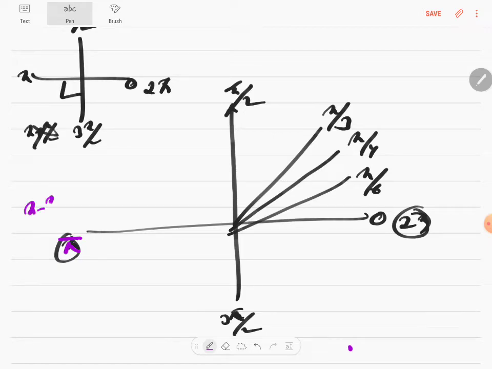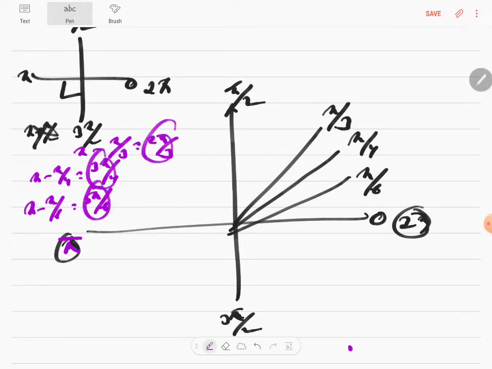Here it's pi minus pi by 6, which is 5 pi by 6. 180 minus 45, pi minus pi by 4, which is 3 pi by 4. 180 minus 60 degrees is pi minus pi by 3, which is 2 pi by 3. Like that you can arrive at examples in terms of radians.